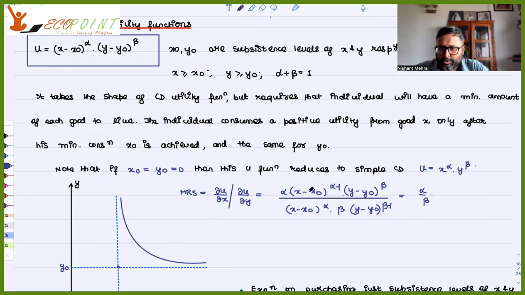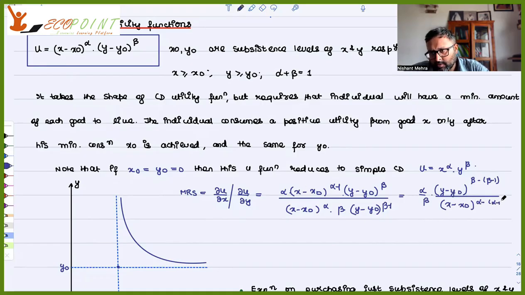And what you can do is that you can take this x minus x naught below. So it is y minus y naught. You can take this thing up. So it is beta minus 1 whole upon x naught. You can take this thing down.